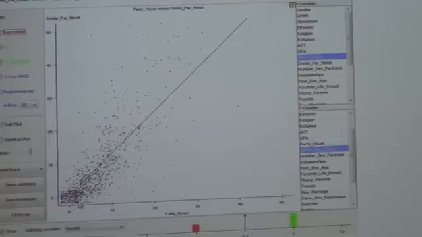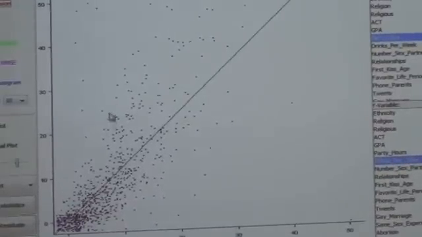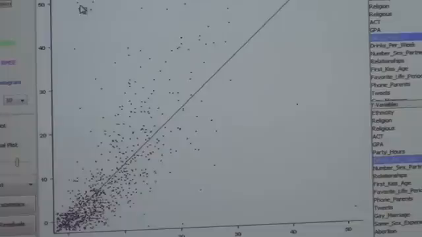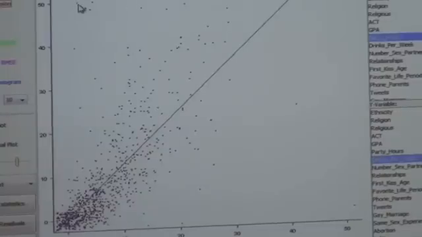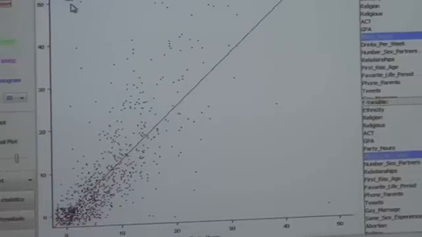This person parties very rarely, maybe an hour a week, and yet, number, what is that, 162, is drinking quite a lot. Huge prediction error, almost 50. That person is drinking alone.